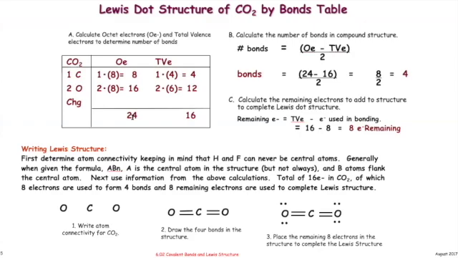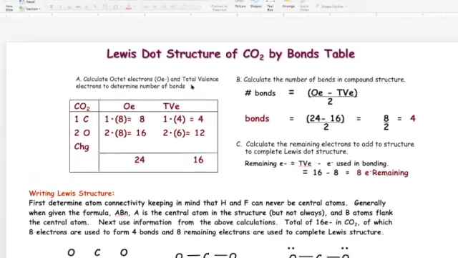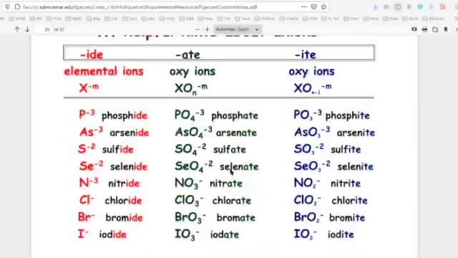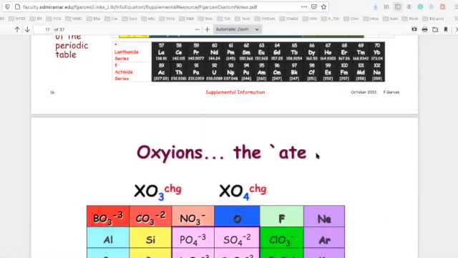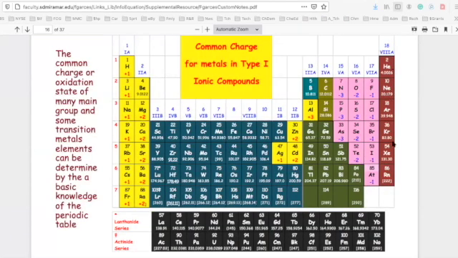Where is the octet rule coming from? Let's take a look at the periodic table. The elements that are most stable in the periodic table are the noble gases. Why? Because all the suborbitals are full. There is no empty suborbital. Neon has 2 in the s orbital, 6 in the p orbital.